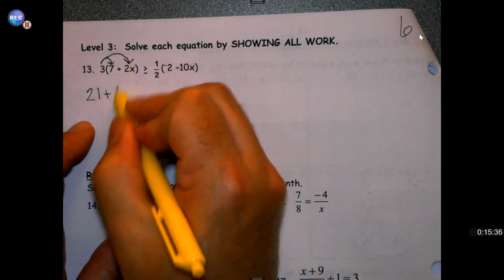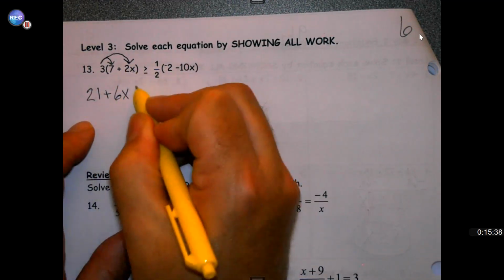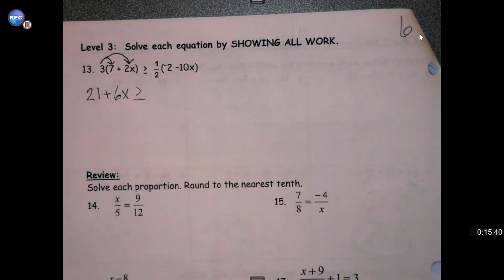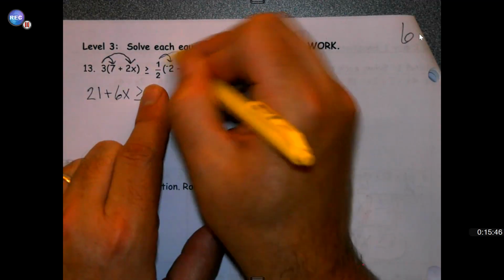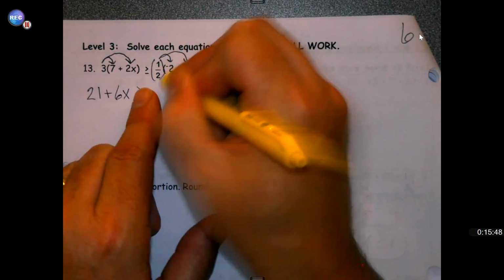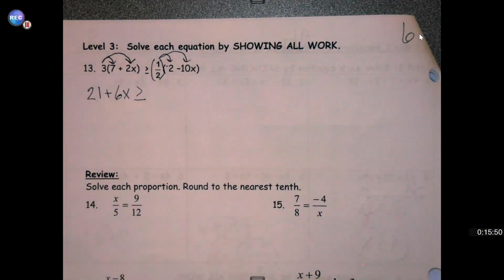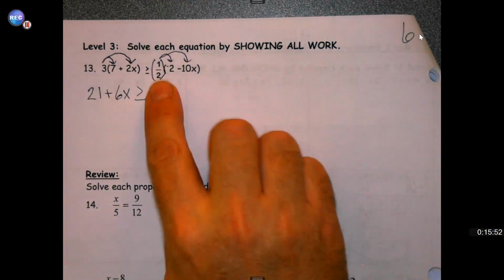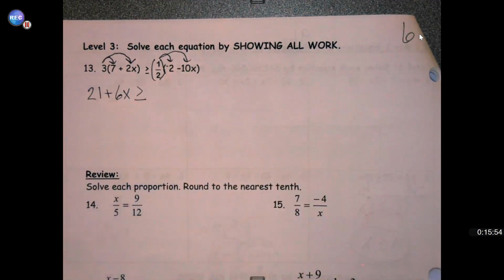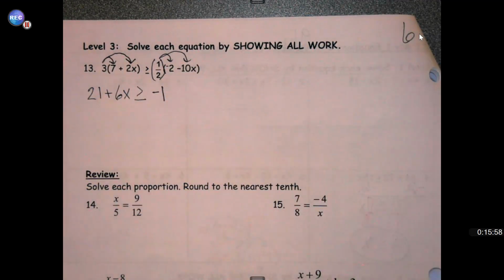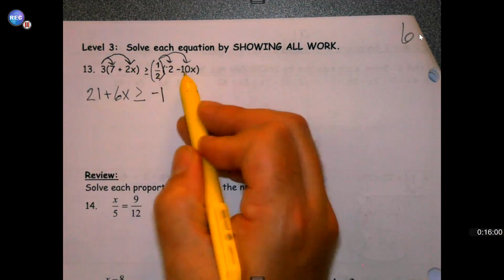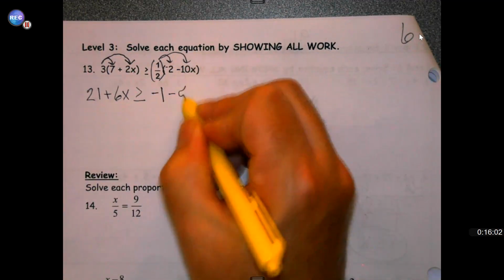I don't want to lose my x. Hardy, what do I do with the 1/2 over here if I'm not sure? Okay, I got two options. I think you'd be okay, though. Half of -2 would be -1, because half of 2 is 1. And half of -10 is -5.